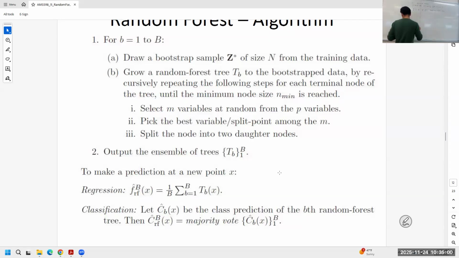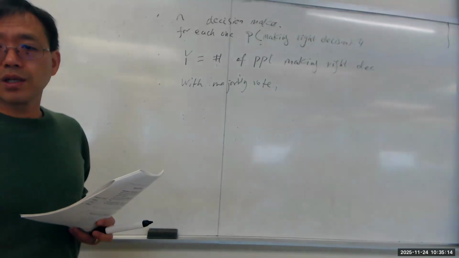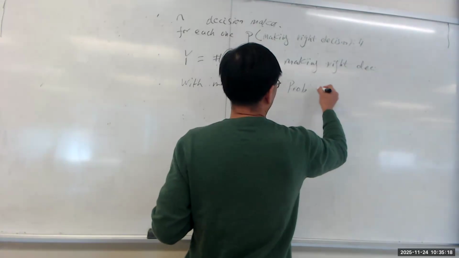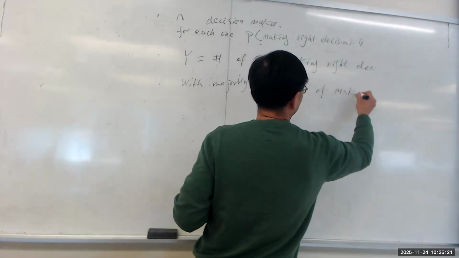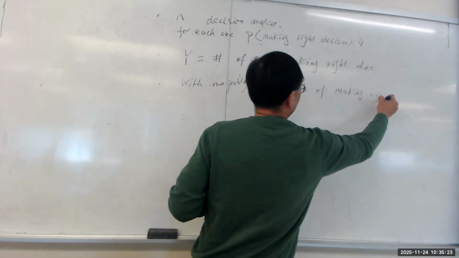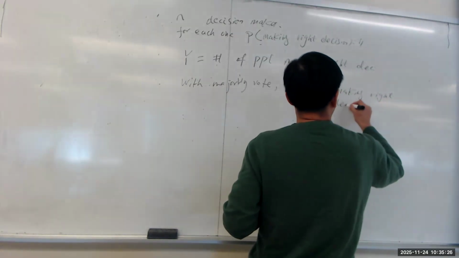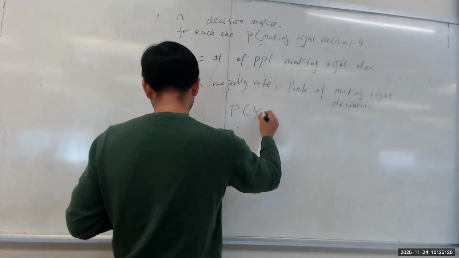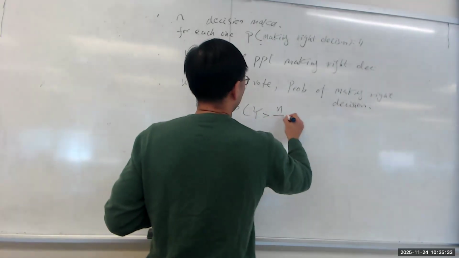Based on majority vote, the probability of making the right decision as a group is going to be the probability that Y is bigger than n over 2, right?